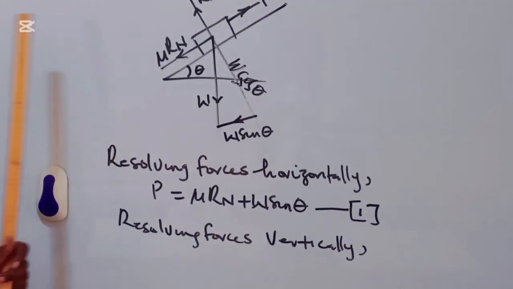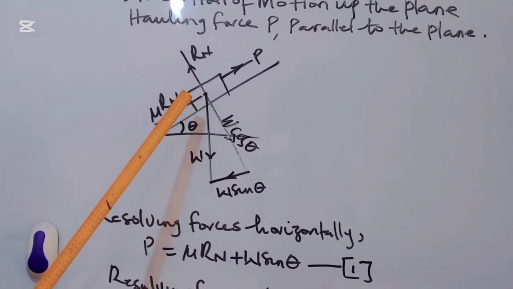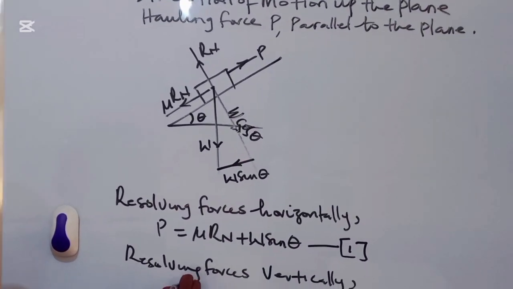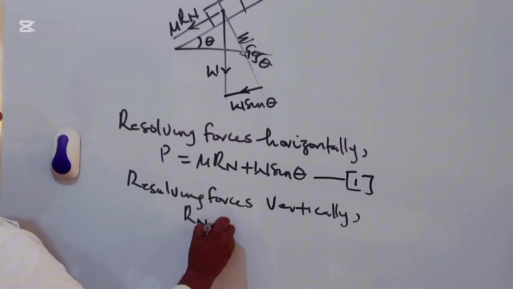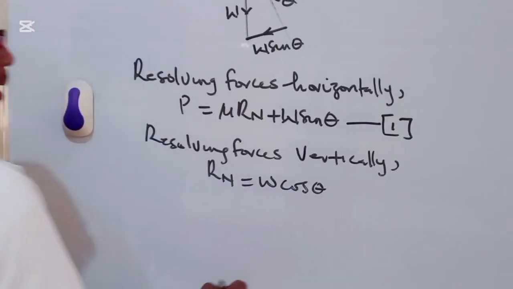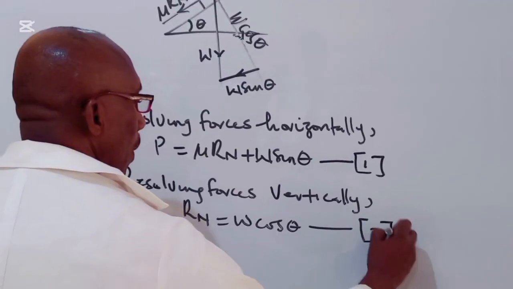Now vertically, we have Rn, the normal reaction, acting upwards, which is being opposed by W cos theta. So I would say Rn, right, equals to what? W cos theta, alright? Let's call this equation number 2.